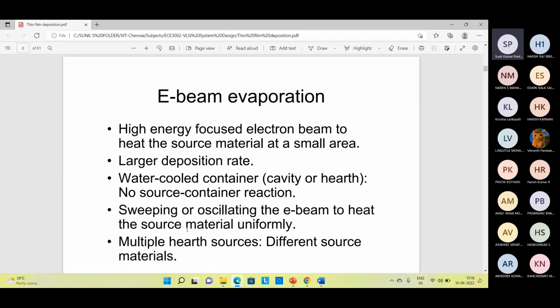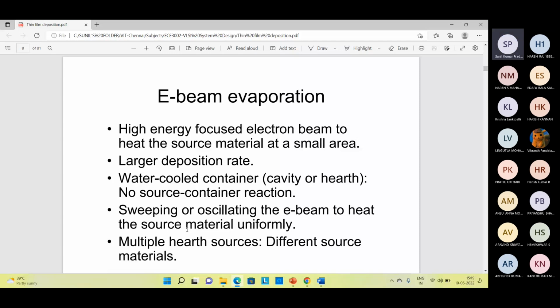Now, electron beam evaporation. This is all thermal evaporation, where we use thermal energy to evaporate the material to finally deposit on the substrate. In electron beam evaporation, we need a high energy focused electron beam to heat the surface material at a small area. In thermal evaporation, we use heat energy to heat the target materials and finally deposit them on the substrate.